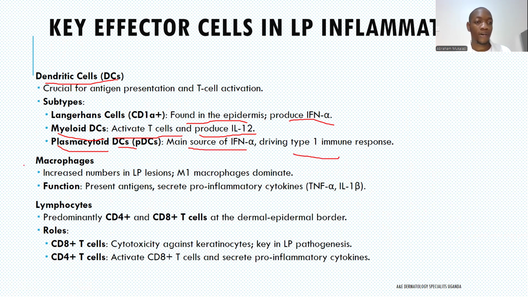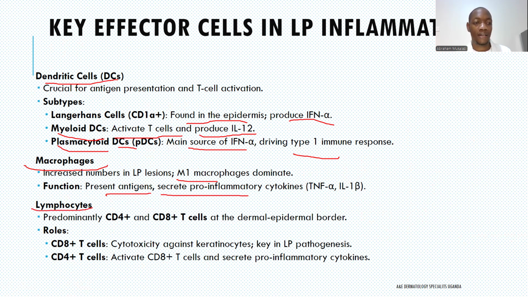We also have macrophages playing a role in lichen planus. When you examine the lesional skin, they are in increased numbers, and usually the ones that dominate are the M1 type of macrophages. You have two, M1 and M2. In lichen planus, M1 is the one which dominates, and its function is antigen presentation. They also secrete pro-inflammatory cytokines that help to drive the inflammatory process.